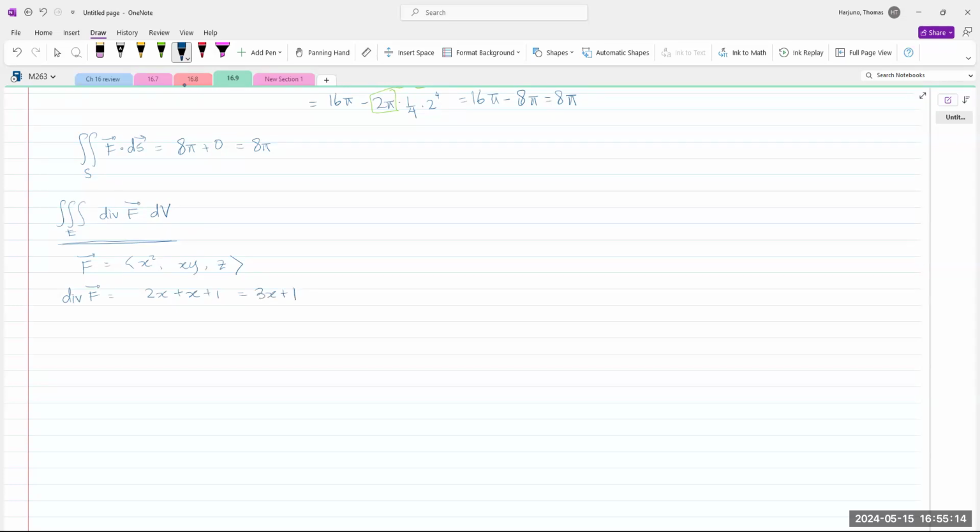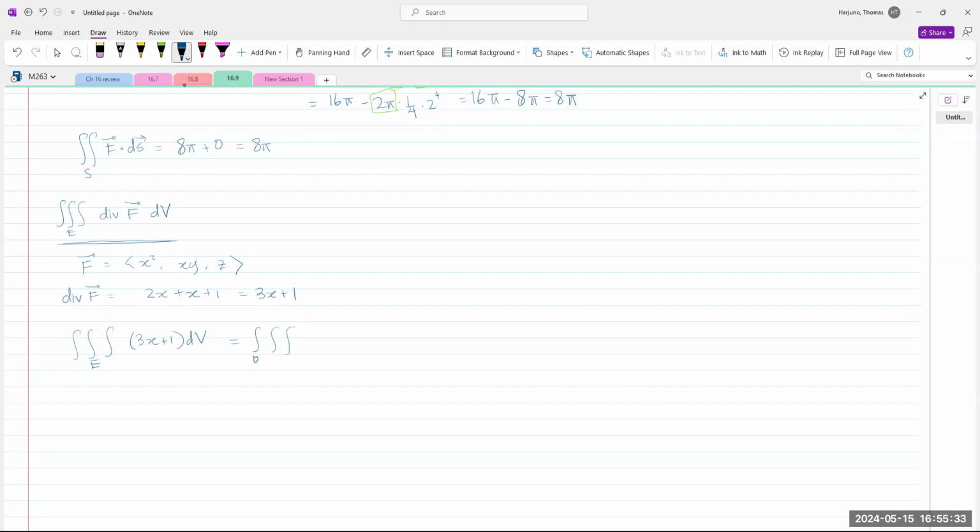Okay, now the triple integral over the divergence of F over solid E will then be, I think I will make this into cylindrical integration.